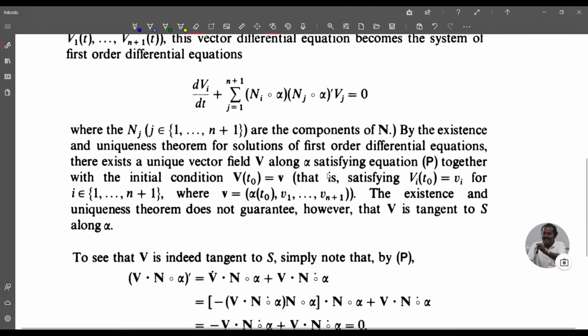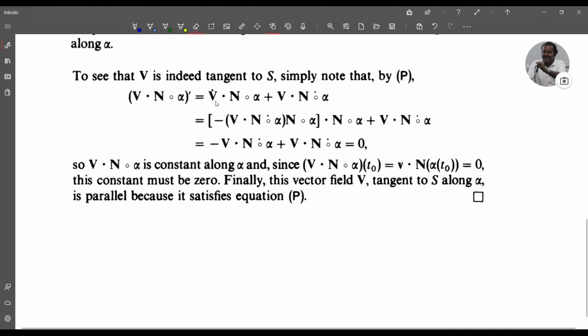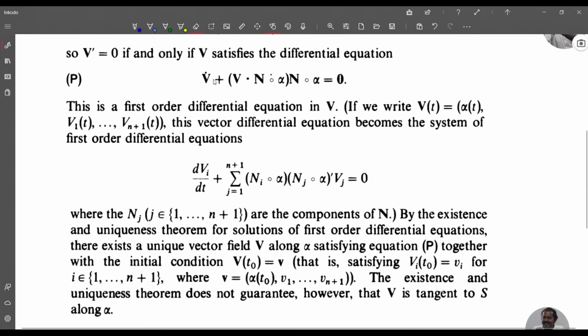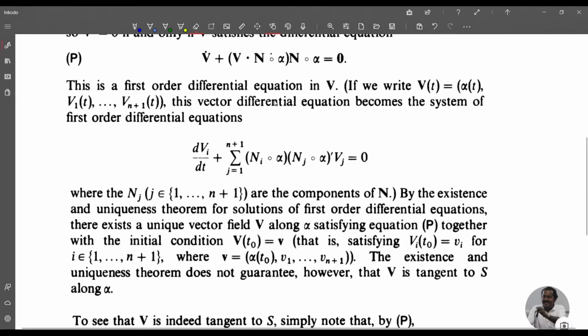So substituting for V dot here, from this equation P, this is equal to minus (V dot n composition alpha dot) into (n composition alpha dot n composition alpha) plus V dot n composition alpha dot. So we have substituted for V dot from this equation. You know that V dot is the negative of this, so that is substituted here.